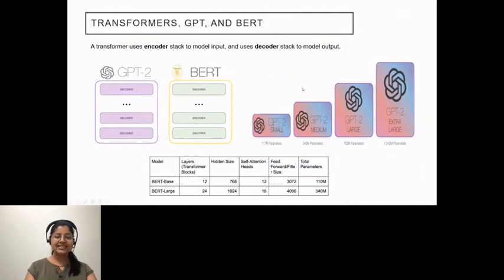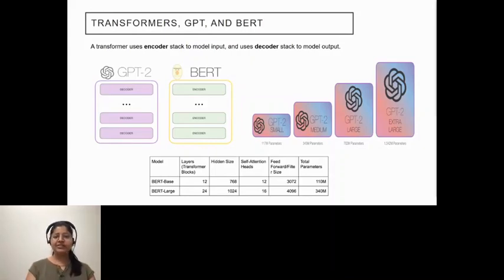Let's move to the next slide. So what I've been talking about, the general architecture of the transformer, is how GPT and BERT came out. GPT focuses on the decoder side of the transformer to fine-tune on a particular problem, whereas BERT uses the encoder aspect of the transformer to represent the context of your corpus.